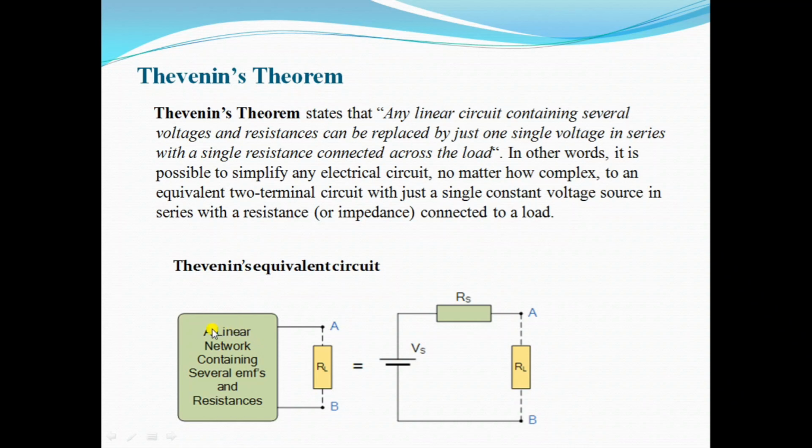In the square box you can see here a linear network containing several EMFs and resistances.